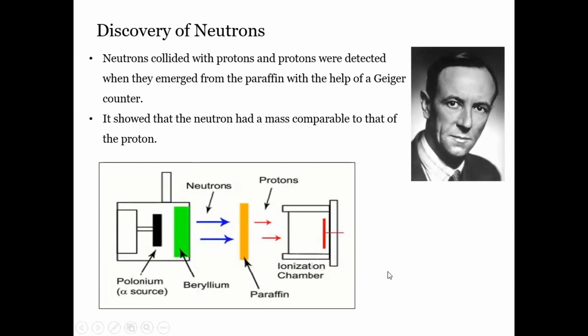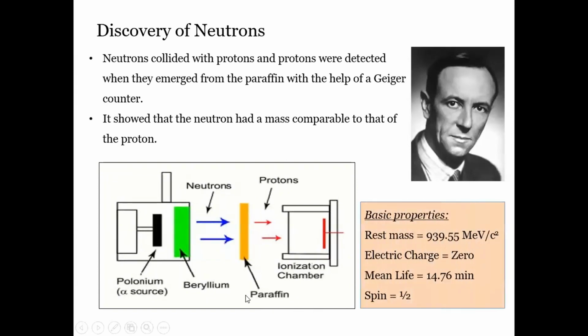Here is the schematic. If you look at the schematic, we have a polonium source placed within a shielded system, and beryllium is placed in front of it. Then the alpha particles are striking the beryllium and the neutrons are getting out. These blue colored particles are going in the direction of the paraffin.